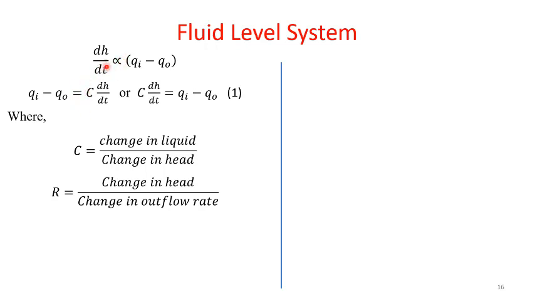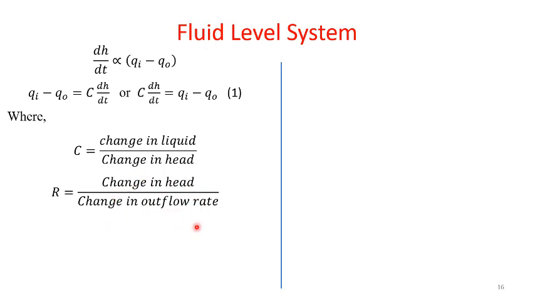To remove this proportionality, we bring in the constant, that is C, the capacitance constant, where Qi minus Q0 is equal to C into dH by dt, or it can be written as C dH by dt is equal to Qi minus Q0, where C is equal to change in liquid by change in head, and R is change in head divided by change in outflow rate.